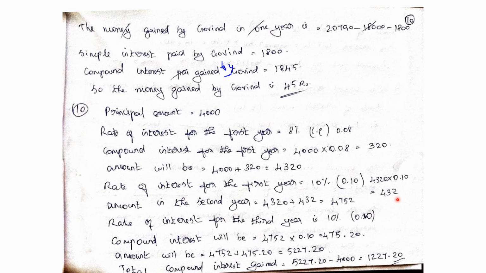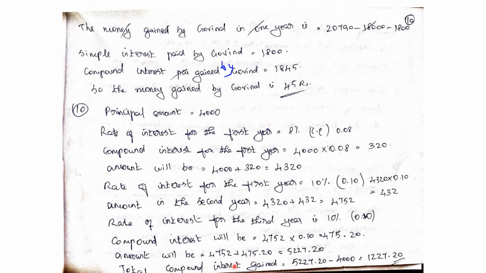We'll get 432. We should add this amount with the principal amount. So 4320 plus 432 will get 4752. Rate of interest for the third year is again 10%, so 0.10. So we'll take this amount 4752 into 0.10. Okay, so we'll get 475.20.